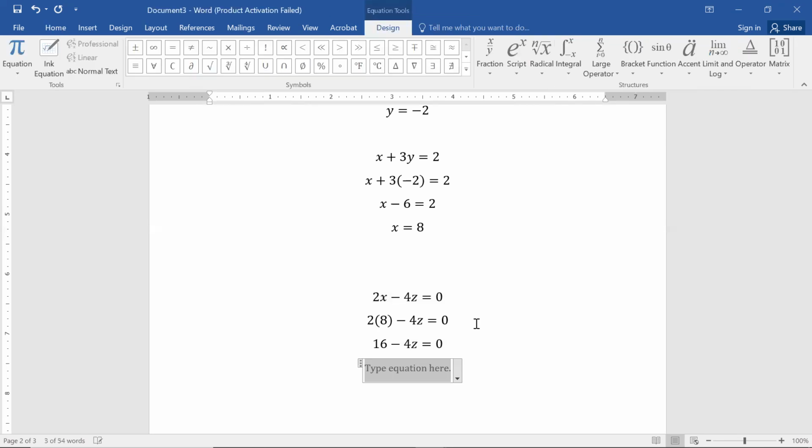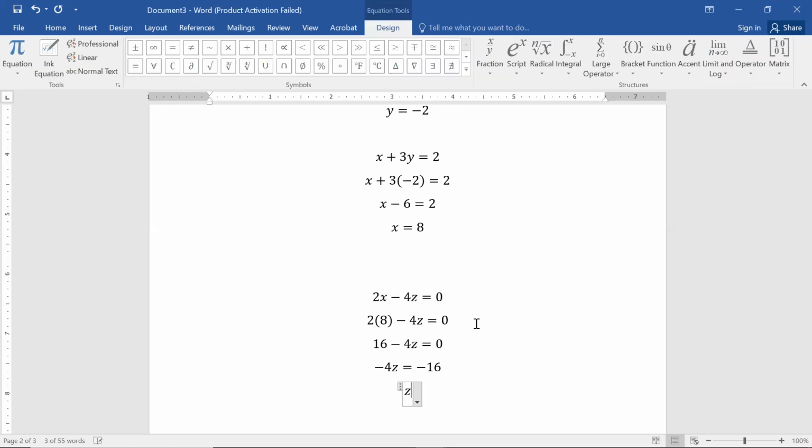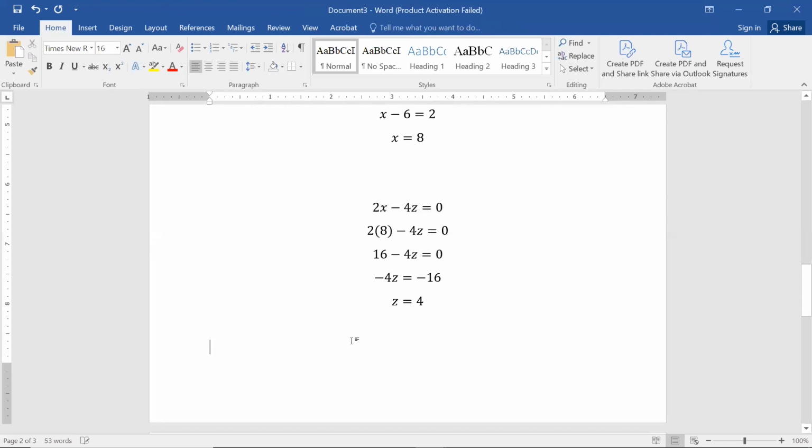Subtract 16 from both sides. -4z equals -16. Then divide both sides by -4. That gives you a z of +4. So there's my solution. X is 8, y is -2, z is 4.